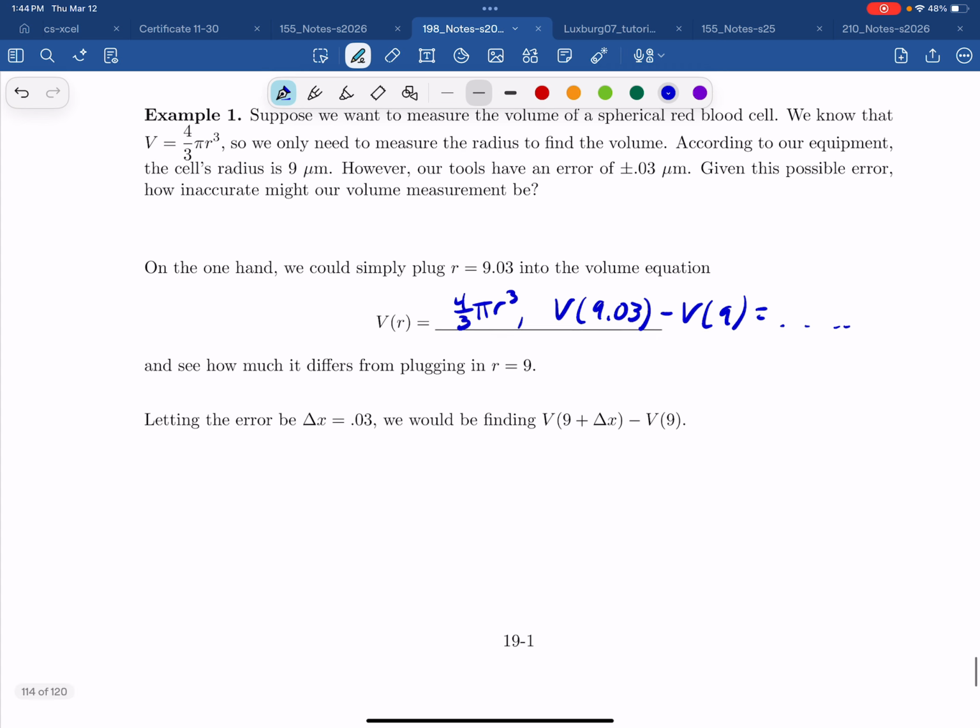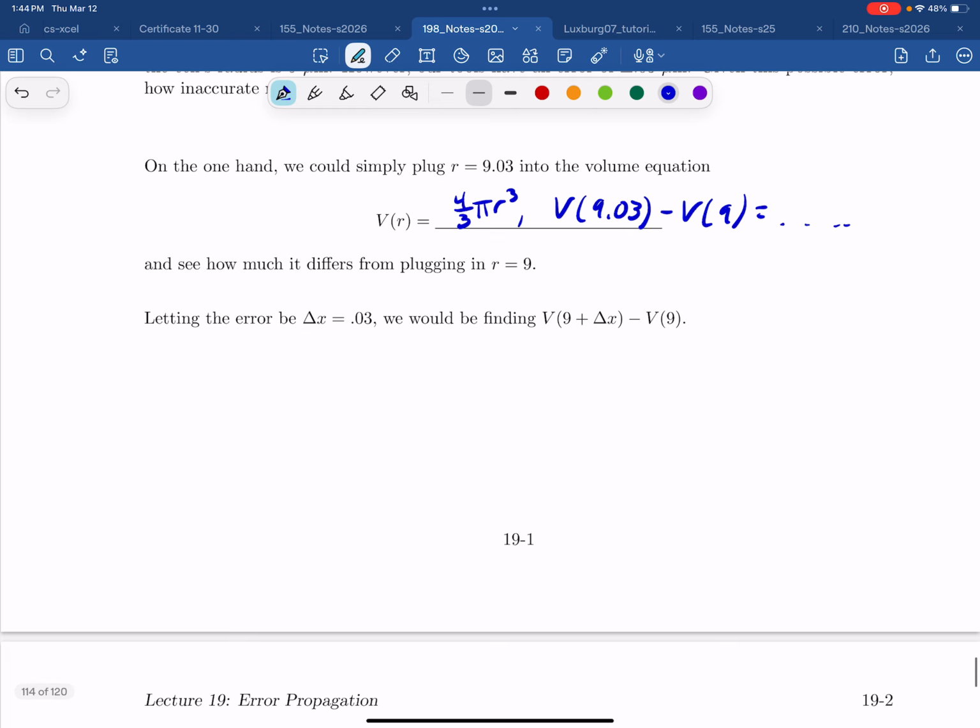So I'm going to take a little bit of time deriving it, but the actual approximation is very, very quick, right? Normally what we would be doing is we would say, okay, label the error as delta x. I'll call it actually delta r, since we're talking about that. And we're really trying to find this, okay?